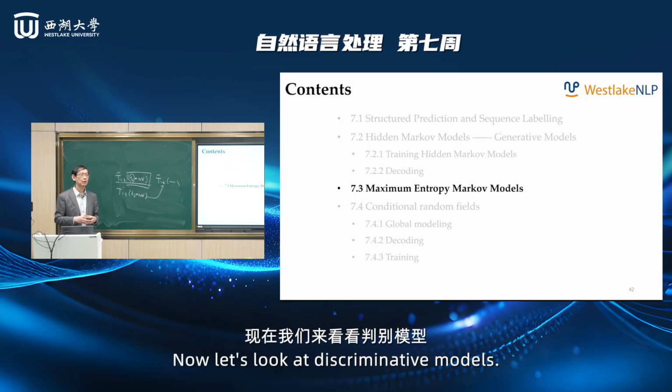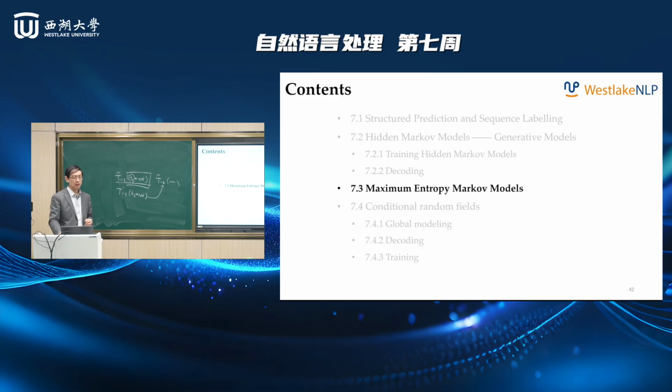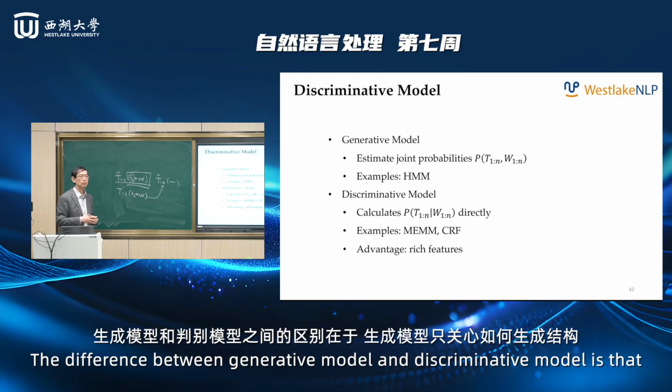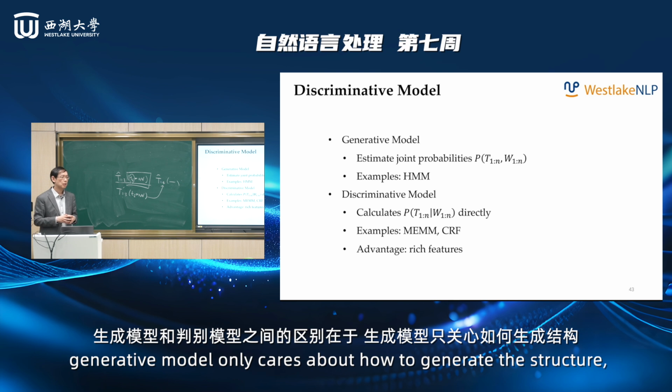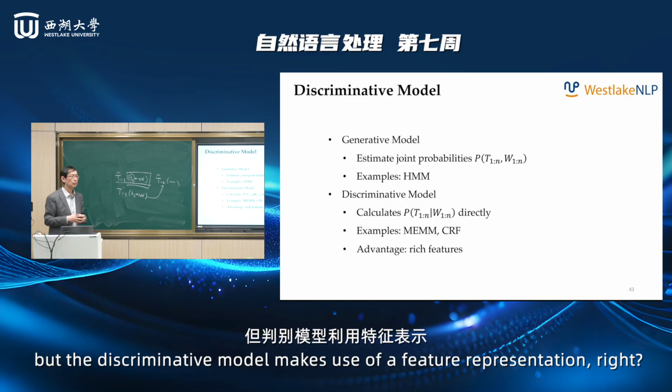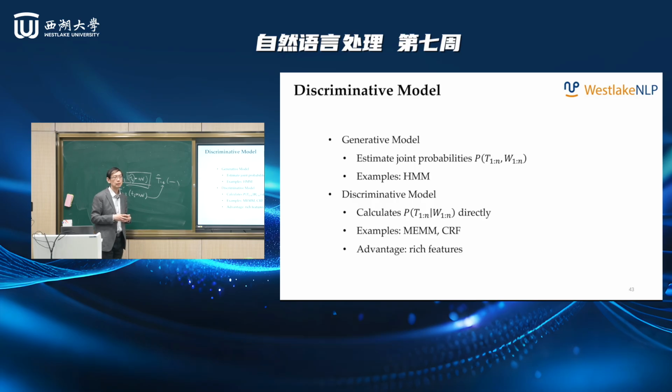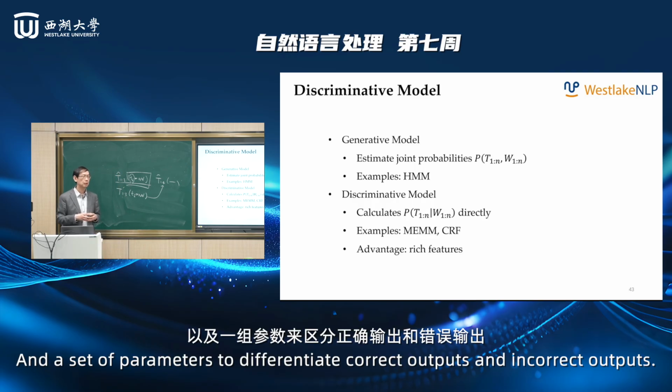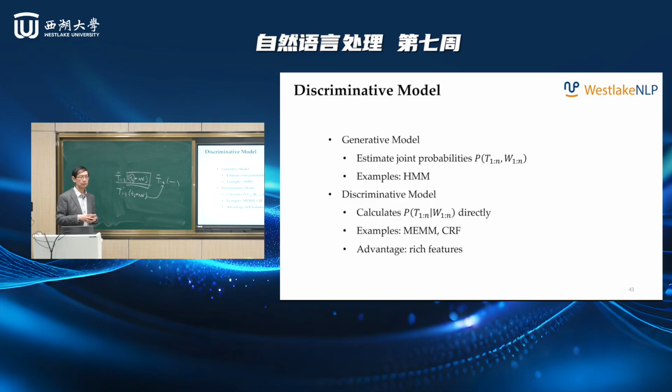Now, let's look at discriminative models. The difference between a generative model and a discriminative model is that a generative model only cares about how to generate the structure, but the discriminative model makes use of a feature representation and a set of parameters to differentiate correct outputs and incorrect outputs.